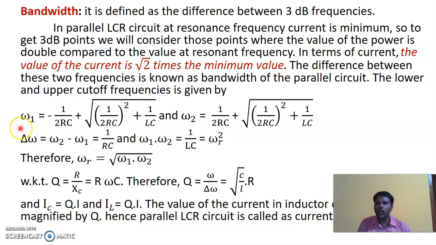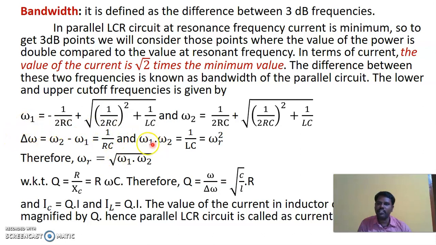This is the lower frequency, and the upper frequency is given as omega 2 is equal to 1 over 2RC plus square root of (1 over 2RC) whole square plus 1 over LC. The difference between these two, upper frequency and lower frequency, is given by 1 over RC, which is the bandwidth.